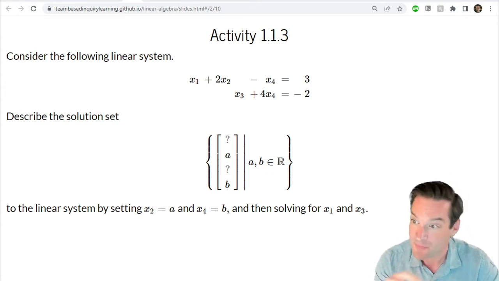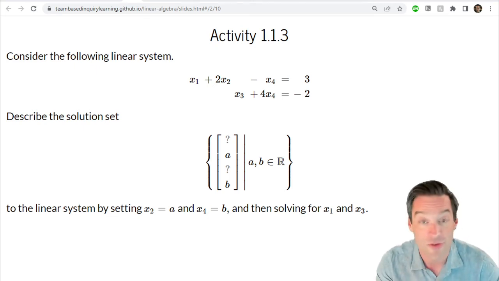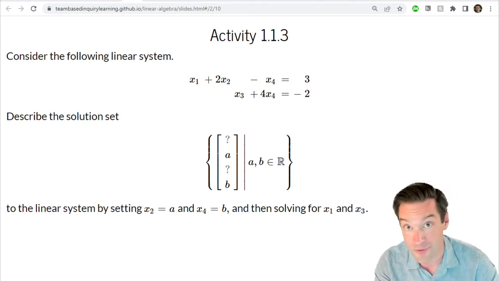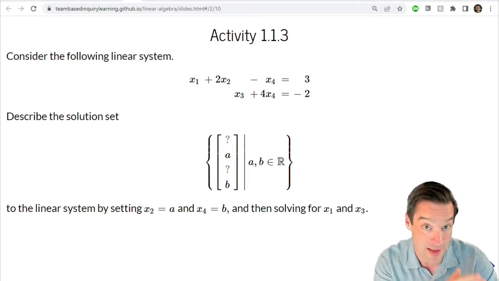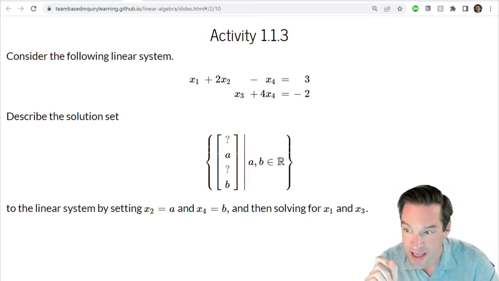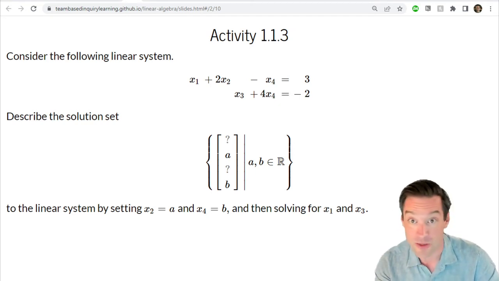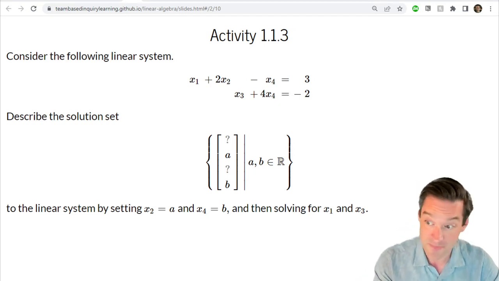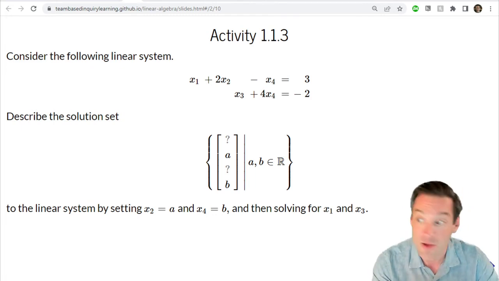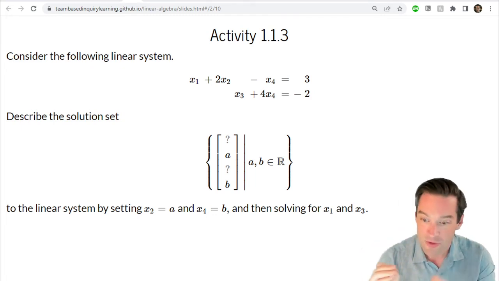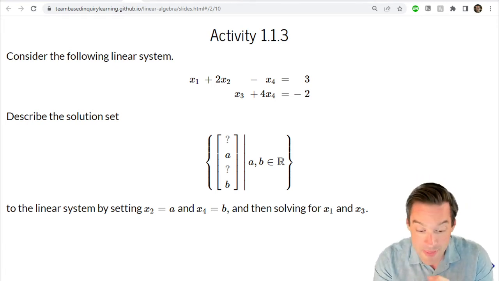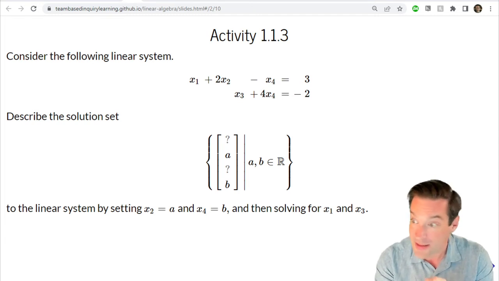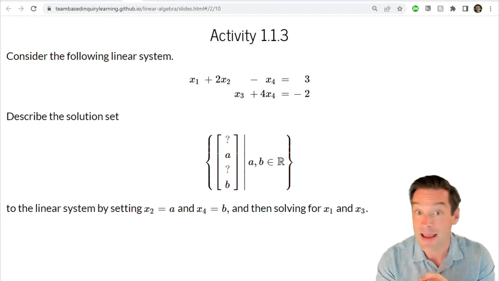And the way that it does it is it takes 2 of these 4 variables, x2 and x4, and we don't yet know why those 2 are the ones that we're choosing, but we'll see that by the end of this chapter, and says, if I just rename those variables into meaningless parameters, if I just call one of them a and the other one of them b, the idea is this, that if I solve for the other variables, x1 and x3, I will be able to solve for x1 and x3 in terms of a and b.